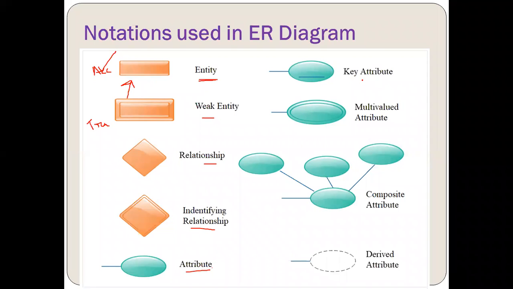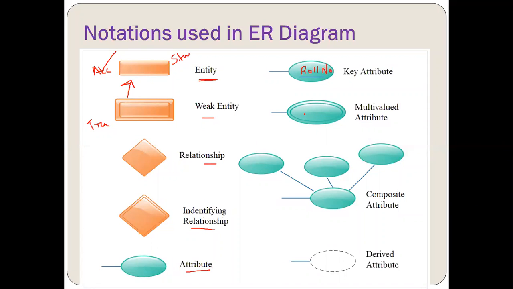For example, if I talk about the student, student is an entity, and the key attribute of student will be the roll number, the university roll number, because this is unique for each and every student. So this is shown as underlined. Multi-valued attribute, that means attribute which has multiple values.